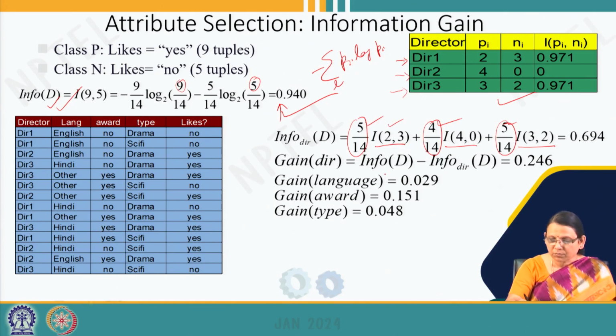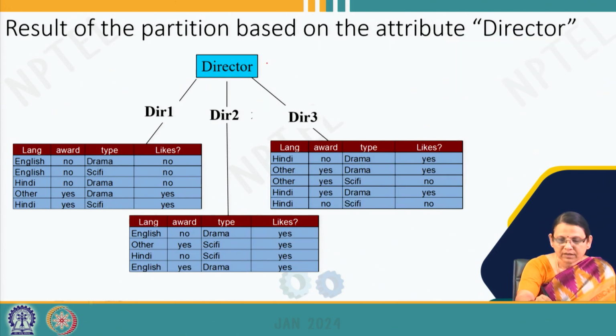And finally, with this process, if you take this information D minus with respect to the director, you get some gain. So, gain here is 0.246, gain here is 0.151. So, if we would like to compare where it is the best, here it is the best. So, that is how in the tree this becomes the root. So, this has the highest information gain. Okay.